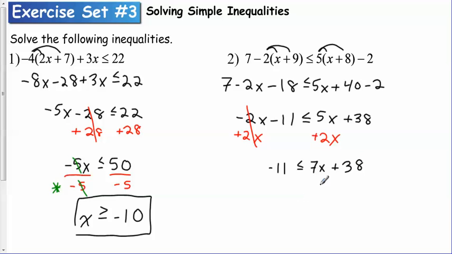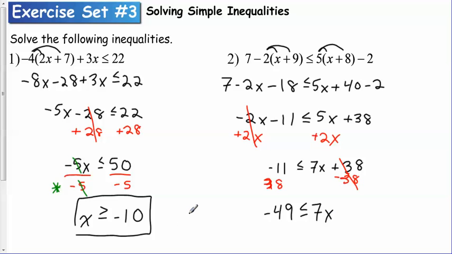To solve for x, I'm going to subtract 38 from both sides. I'm going to remove the constant. So subtract 38. And so I get negative 49 is less than or equal to 7x.